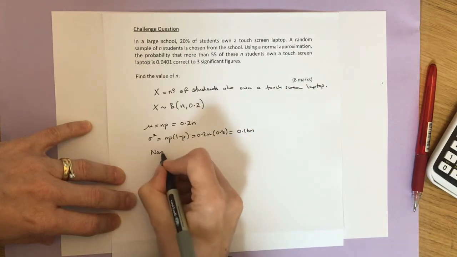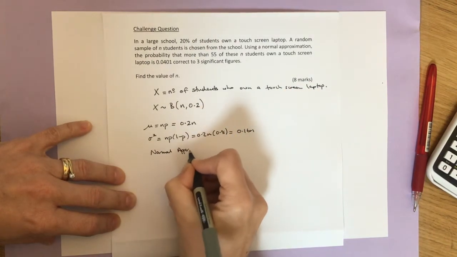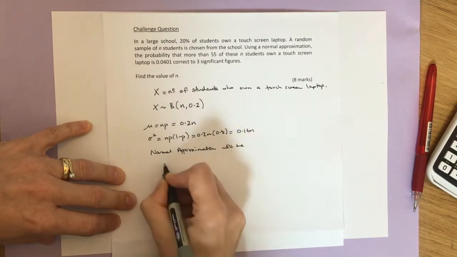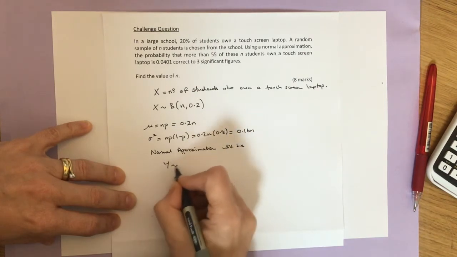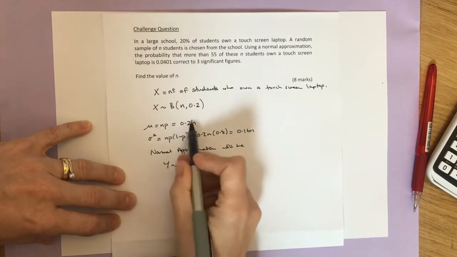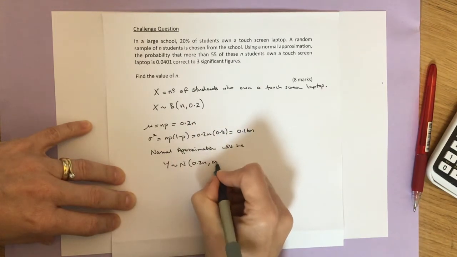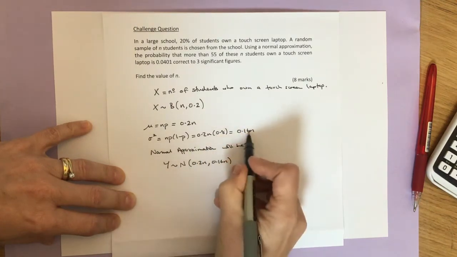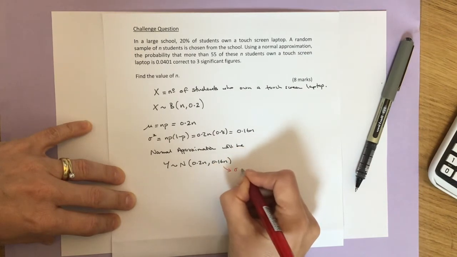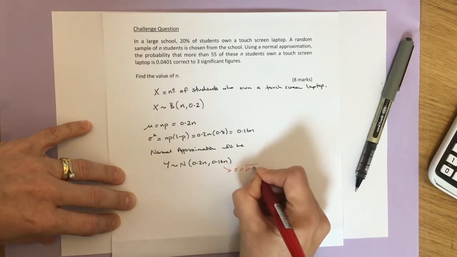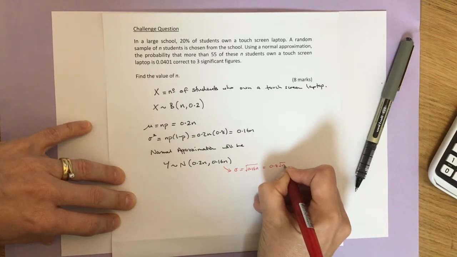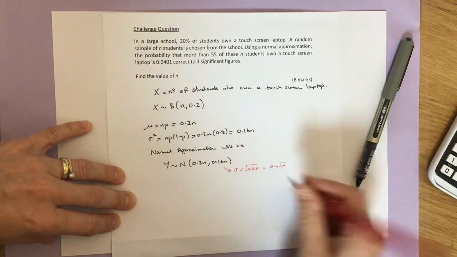Okay, so my normal approximation is going to be a new variable Y, which is normal and is continuous now, normally distributed, 0.2n for mu and 0.16n for sigma squared. And again, let's not forget this is sigma squared, so that's going to mean that sigma, my standard deviation, is the square root of all of that, and I might as well simplify that down, 0.4 root n. So that's my standard deviation that I'm going to need to use a little bit later on.